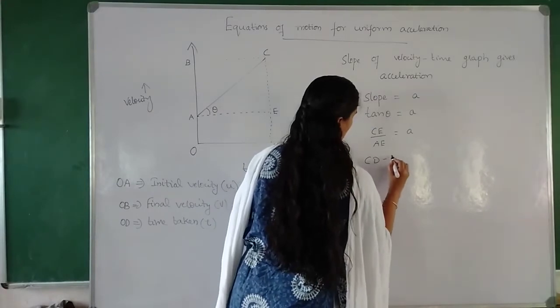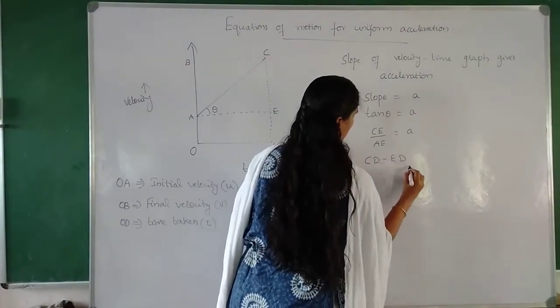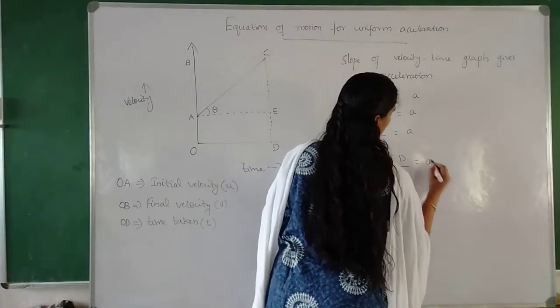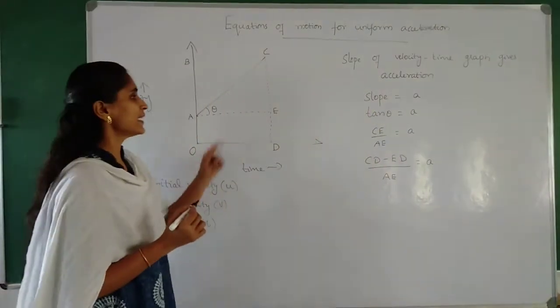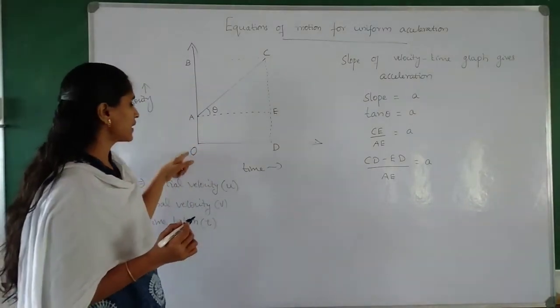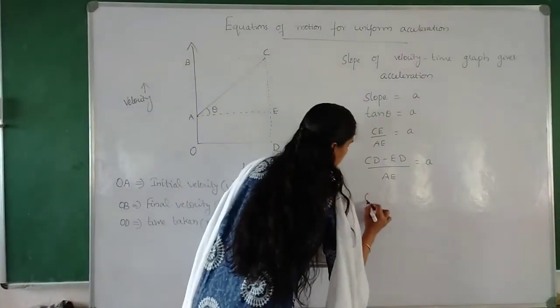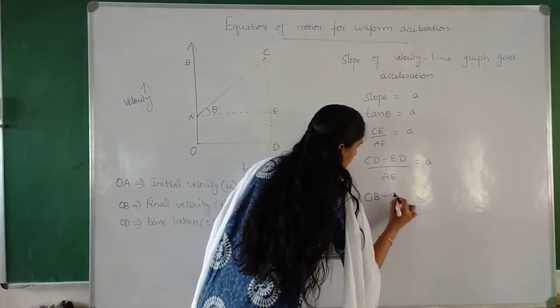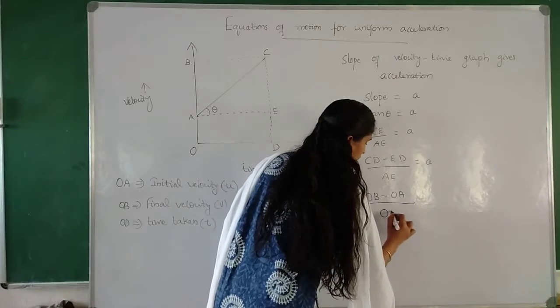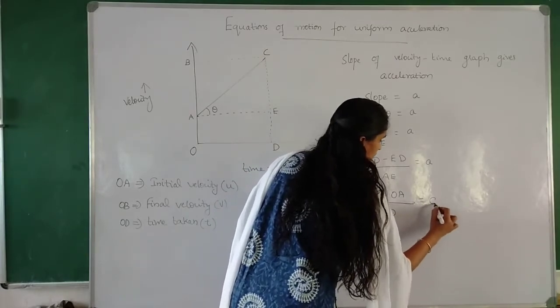CD minus ED divided by AE is equal to acceleration. And what is CD? CD can be written as OB, and ED can be written as OA. We can write OB minus OA divided by OD is equal to acceleration.